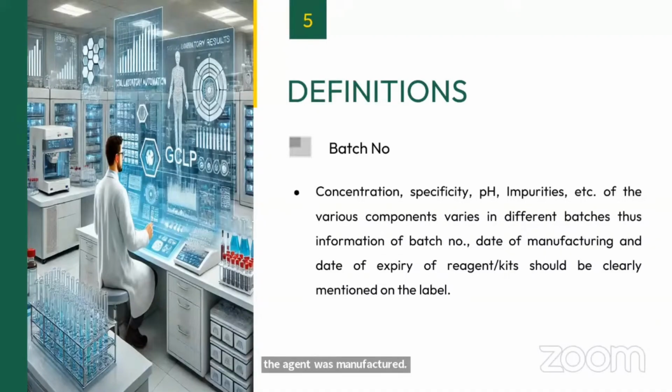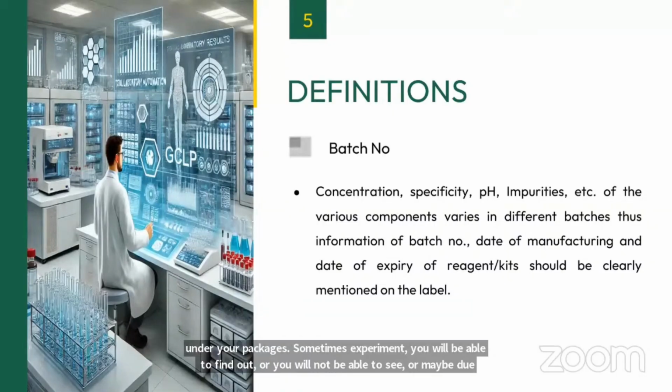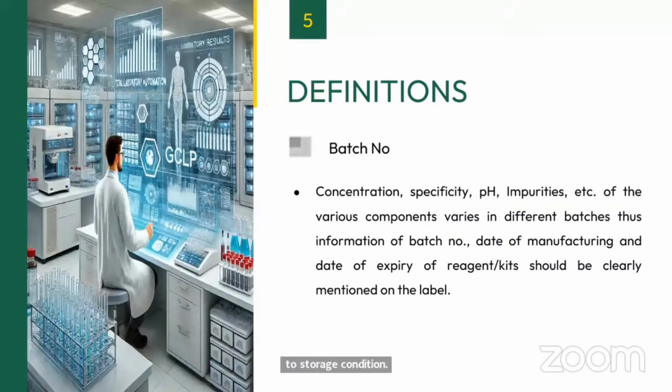So that is in your reagent bottle or under your reagent packages. Sometimes the expiry date you will not be able to find out, or you will not be able to see, or maybe due to storage condition it will not be visible. But if you have a particular batch number, if you have a particular lot number, from that you can find out what is the expiry of the reagent and what is the date of manufacturing of that reagent. So it is important to mention the batch number.